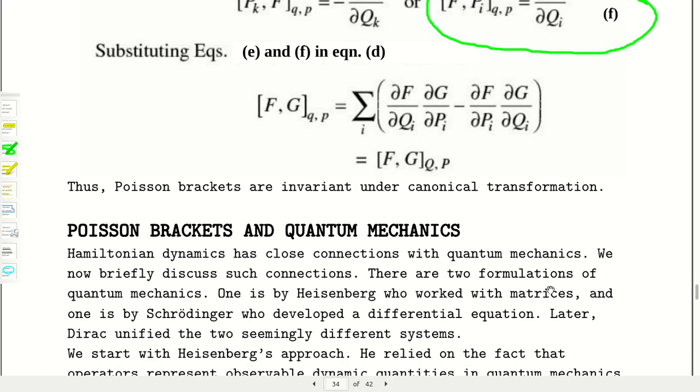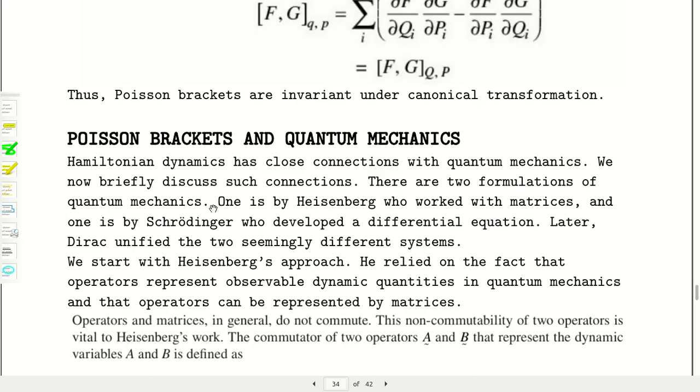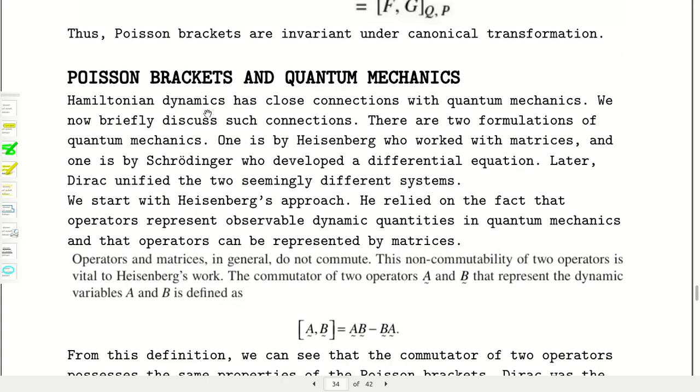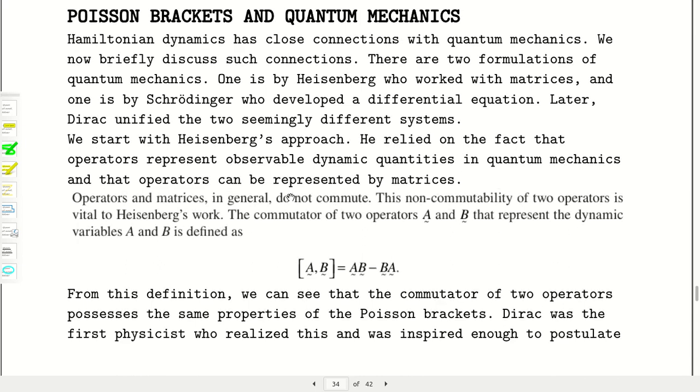I am just coming to the problem which I am trying to tell you. That is a very interesting connection between the Poisson bracket and quantum mechanics. Go through these points, these are very interesting. To understand this topic, you need knowledge of basic quantum mechanics, the Schrodinger equation and operators, what is called a quantum mechanical operator.